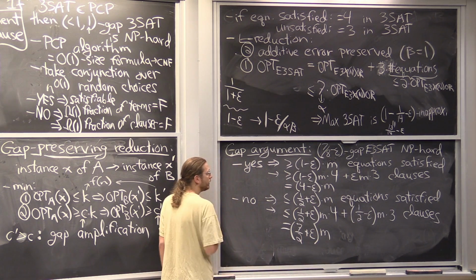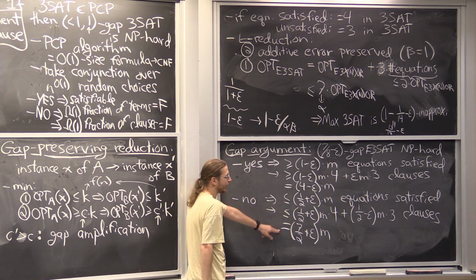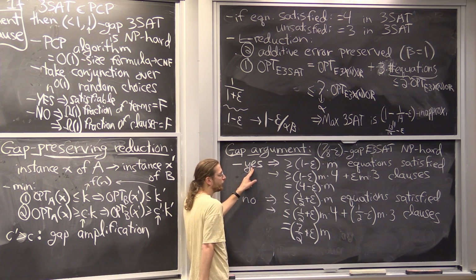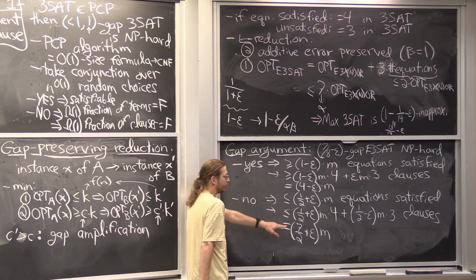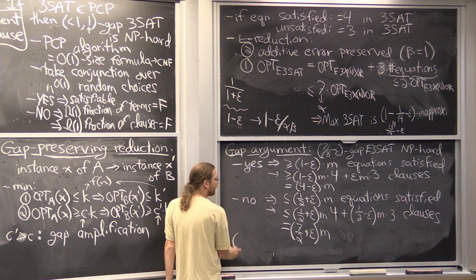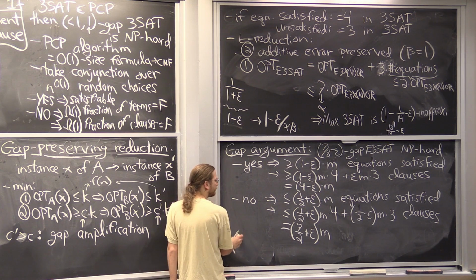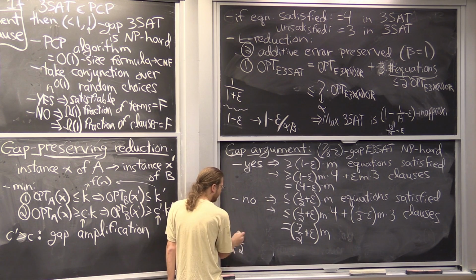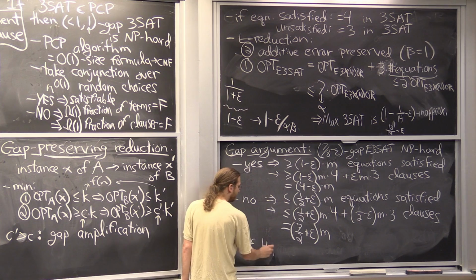Okay, so we had a gap before, and we get this new gap after. When we have a yes instance, we know that there will be at least this many clauses satisfied in the 3-SAT, and there will be at most this many in the no instance. So what we proved is this bound that, sorry, get them in the right order. 7/2 is the smaller one. 7/2 plus epsilon, comma, 4 minus epsilon.